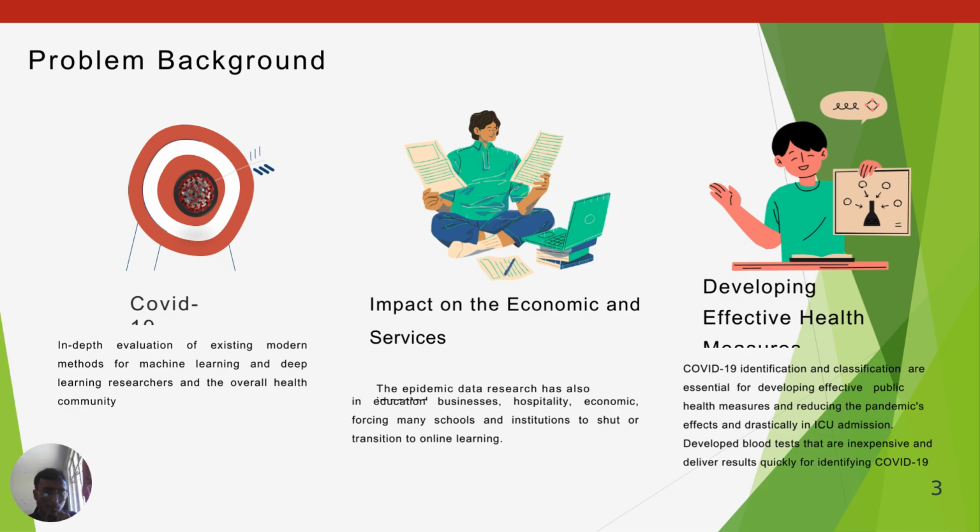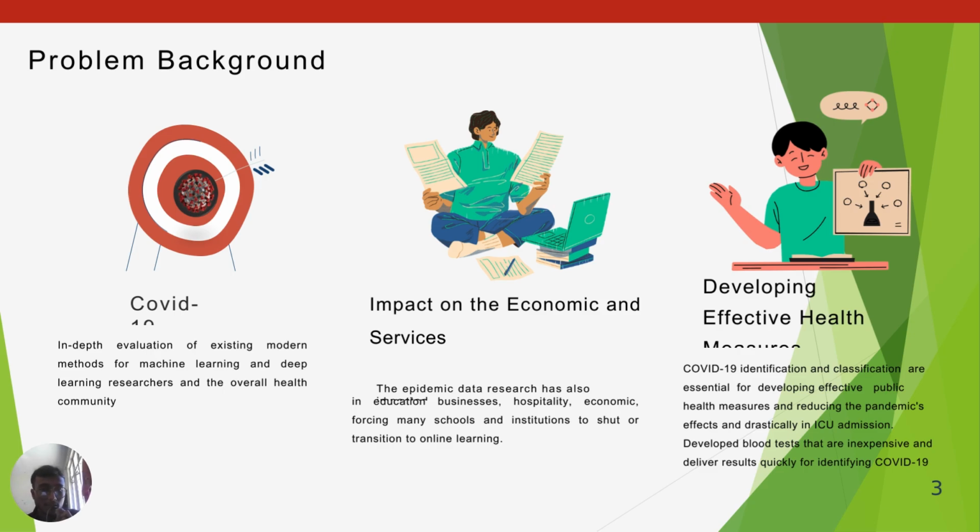Lastly, the problem background that we mainly focus on is developing effective health measures. Nowadays we know that developing health measures is very hard, complex, and difficult for us to understand.